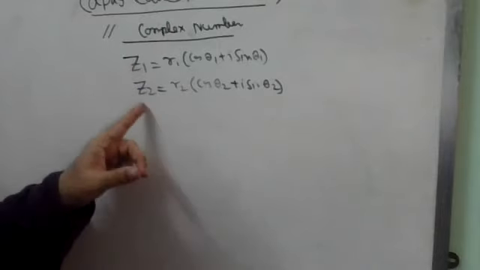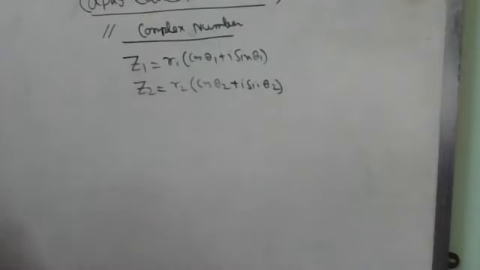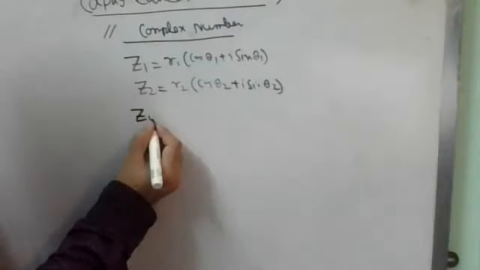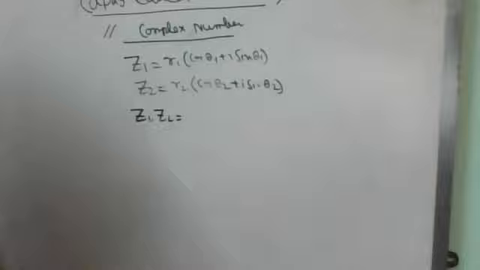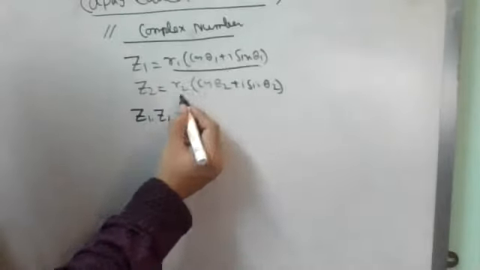Now you multiply these two. So simple multiplication: z1 into z2. Multiply this by this.